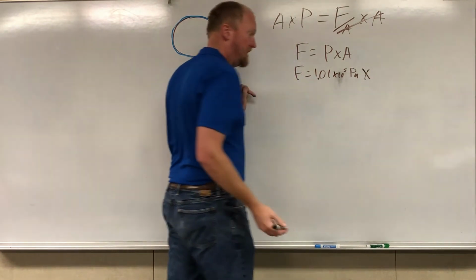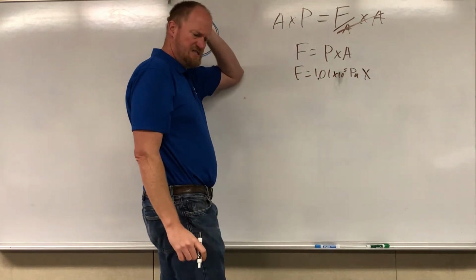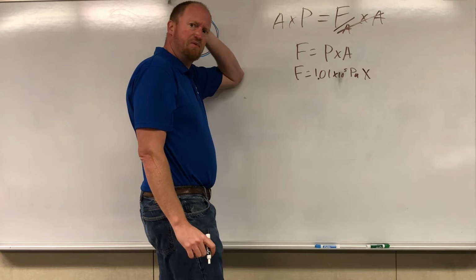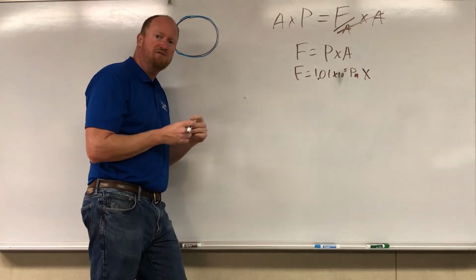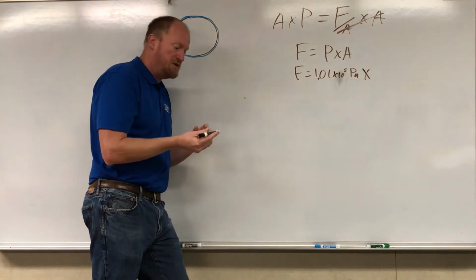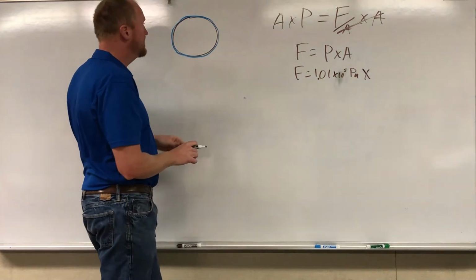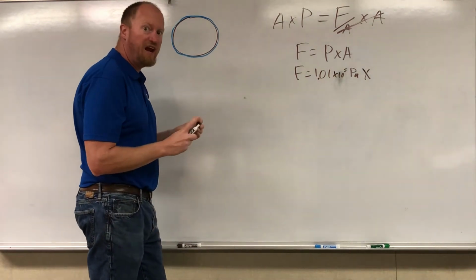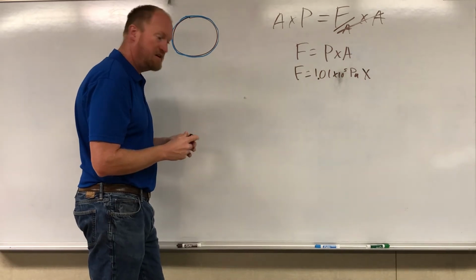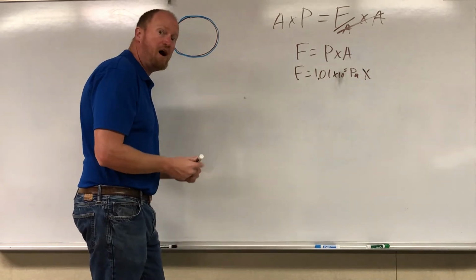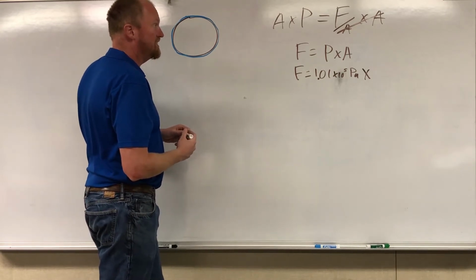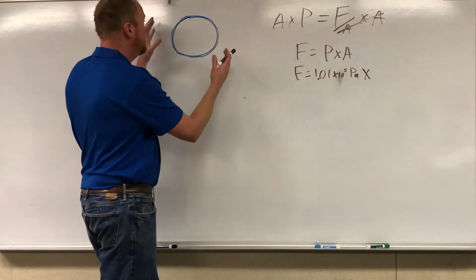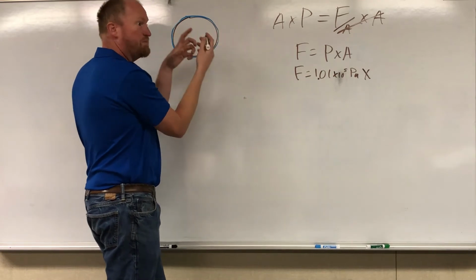Now, times the area. What is the area? Ooh, tricky question. Well, you may remember from geometry class, or maybe you don't, that if you've got a sphere, the formula for the area of a sphere is 4 pi r squared, because if we're trying to find the weight, the force of gravity of it, it's the pressure, and where's the pressure pushing?